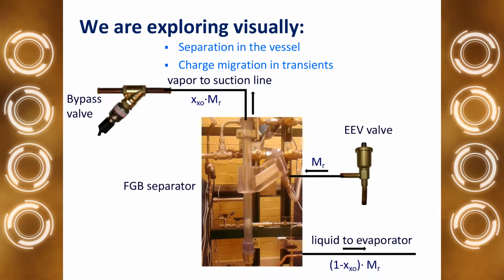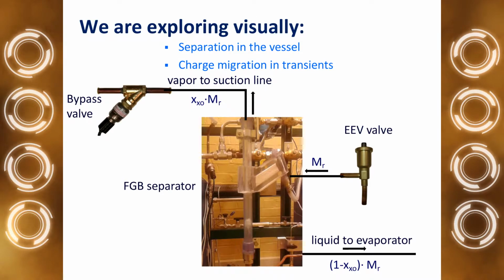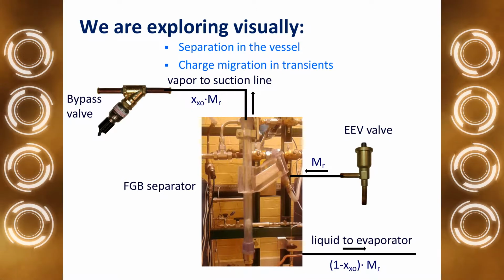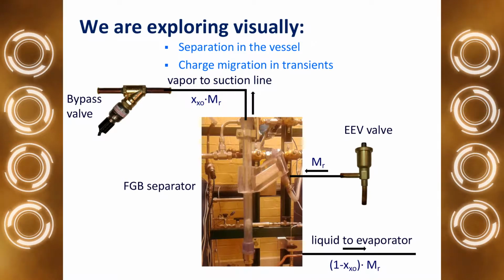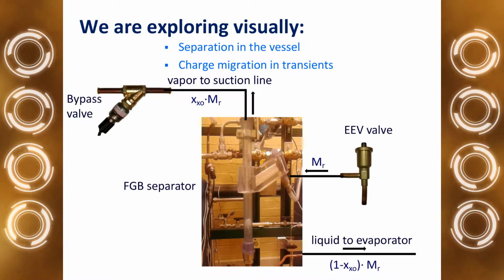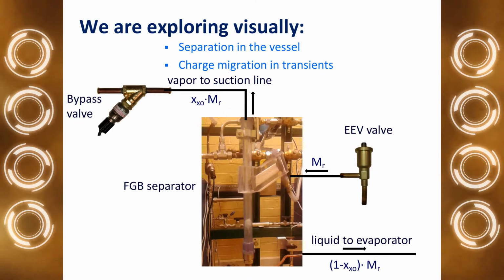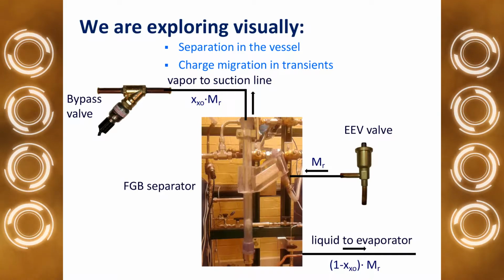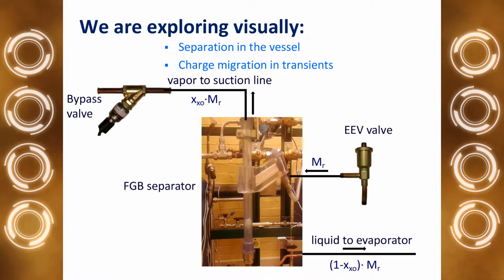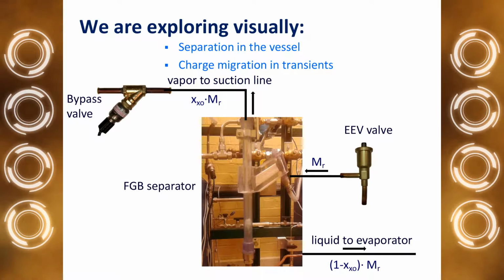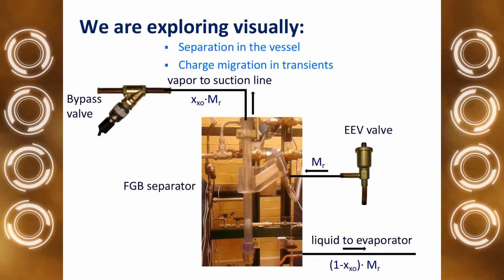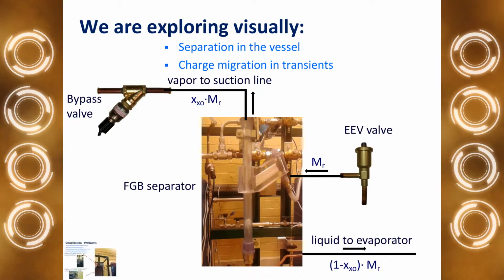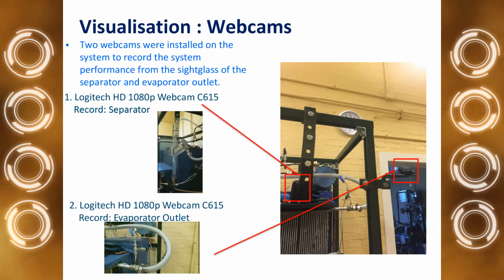And from here you feed only liquid to the evaporator with a mass flow of 1 minus quality multiplied by total mass flow. Here sometimes we can see a swirl which can suck vapor into the inlet of the evaporator, and we can easily avoid that by putting just a little cross on the bottom. With this design we had to do this, and later we may change this design to optimize it for both modes.